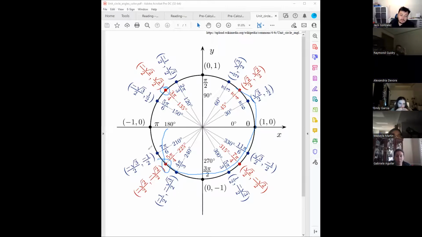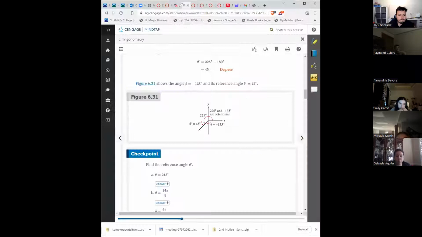So this distance right here is 45, right? So is that clear or no? Let me know. So you see that the question is not difficult. You just have to figure out where the heck you are, right? So that's what reference means.